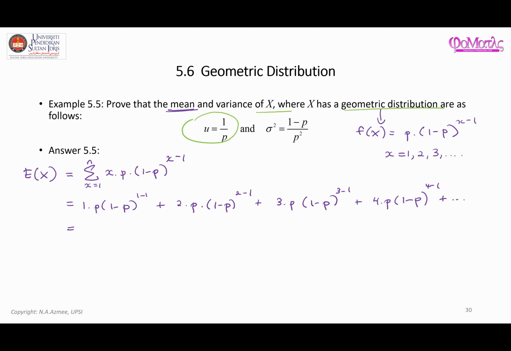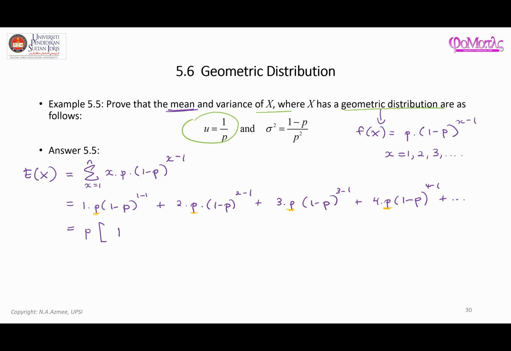So we can see that p here is the common term for each expression given here, so we can factor it out. Okay, so we're going to factor that out. We have p outside. Next, this one here is going to be 0, so 1 minus p to the power of 0 is going to be equal to 1 really.